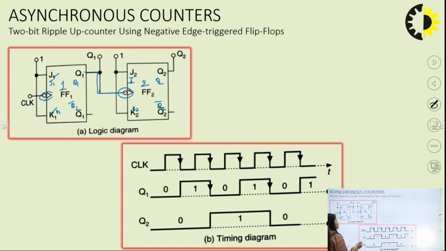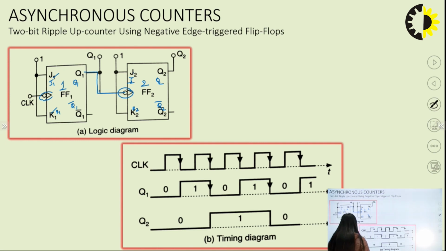So it is a ripple counter, and this is the process for negative edge triggered. If it was positive edge triggered, then the connection would be different, but since it is a negative edge triggered counter, I will connect my Q1 to the clock pulse of the next flip flop, right.